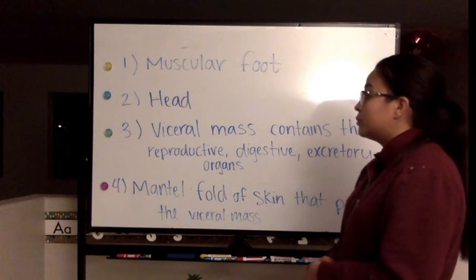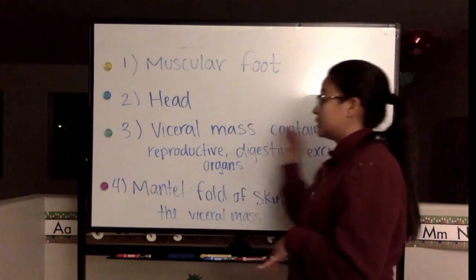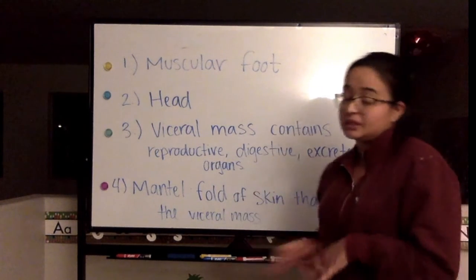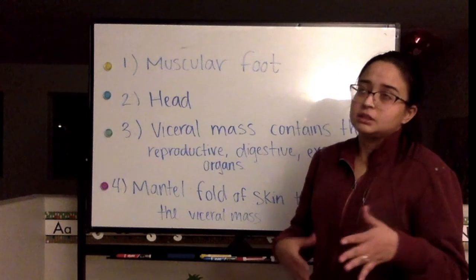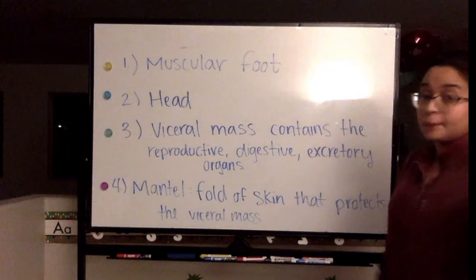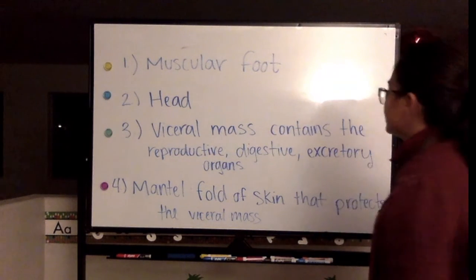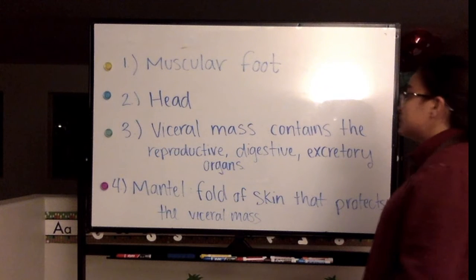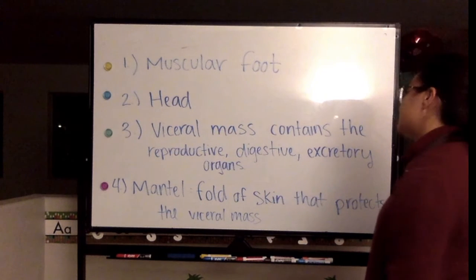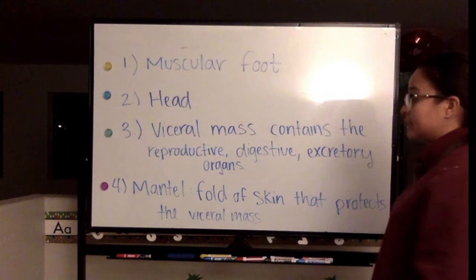Then we have the visceral mass. Now this one I put the definition in. For the last two I put in the definition because these are less commonly known and they are important to know. So the visceral mass is actually what contains the reproductive, digestive, and excretory organs.